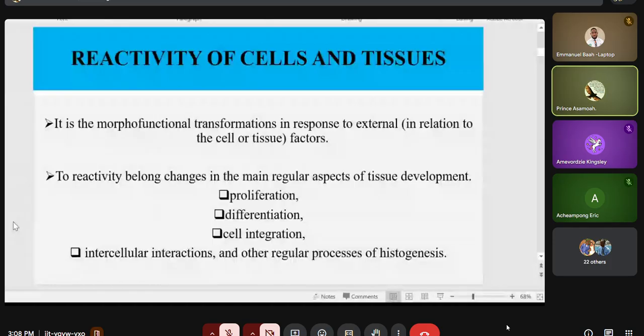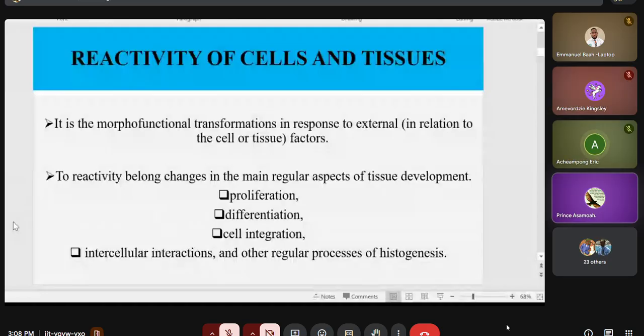It is the response by cells in which the shape, morphology, and the function of the cell is transformed. Okay, that is reactivity of cells.